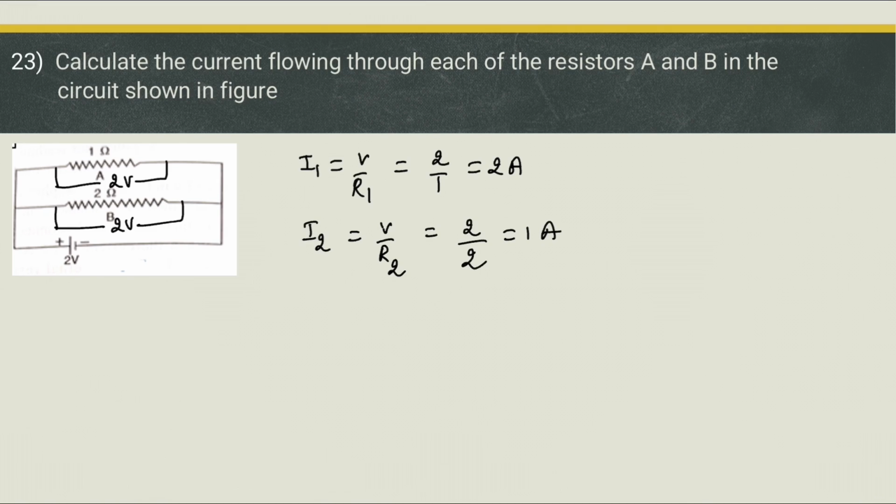And since 1 and 2 ohm are connected in parallel, the current flowing through 1 ohm and 2 ohm will be added here at this junction point, and that addition will give us the total current of the circuit. So I is equal to I1 plus I2, 2 plus 1, 3 ampere. This is the total current in the circuit.